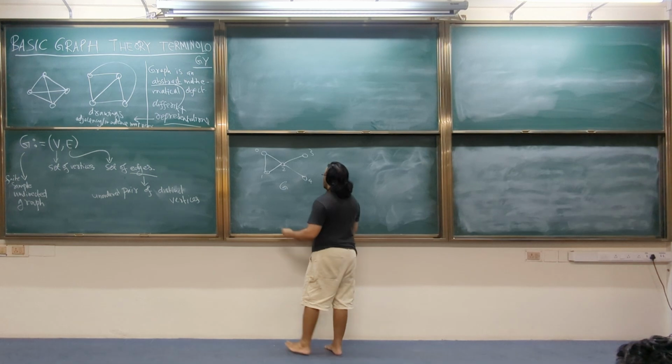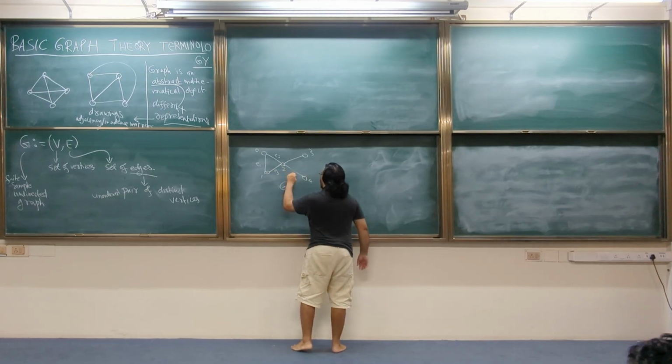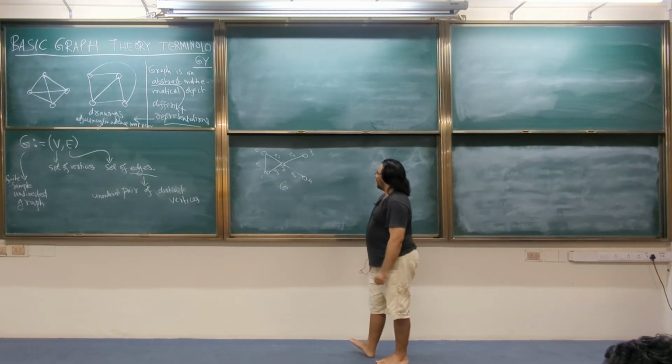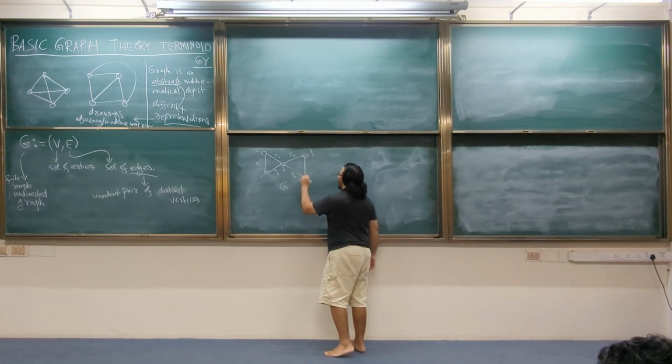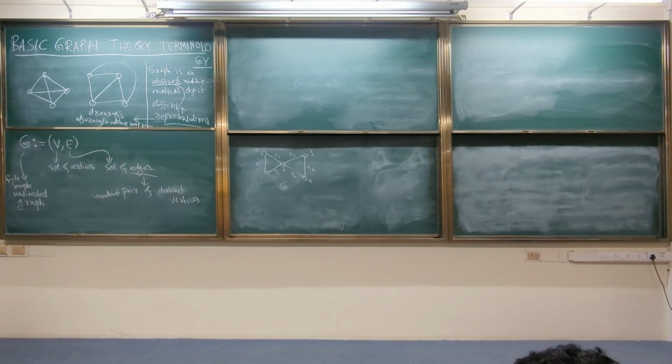And let me also label the edges E1, E2, E3, E4, E5. Number of vertices equal to number of edges, 5 equal to 5. I don't like that. I'll put one more edge and I'll call it E6. So here's a graph with 5 vertices and 6 edges.